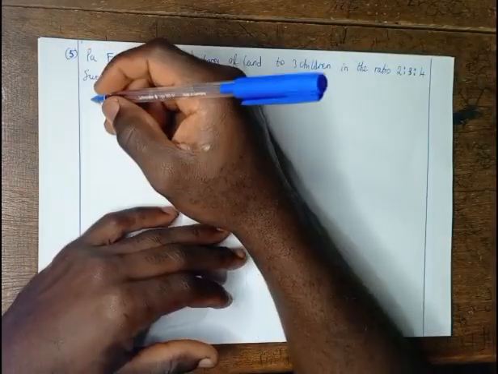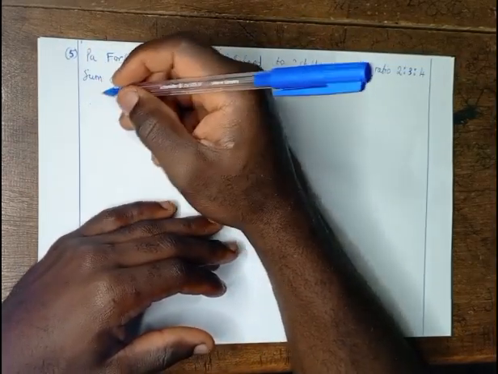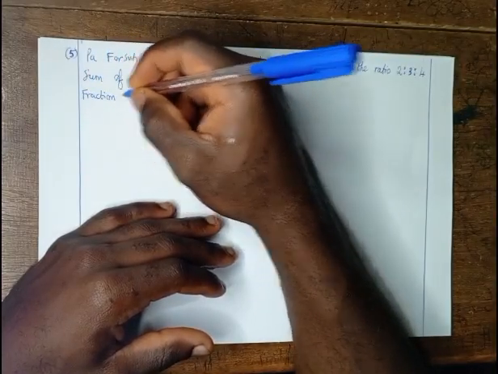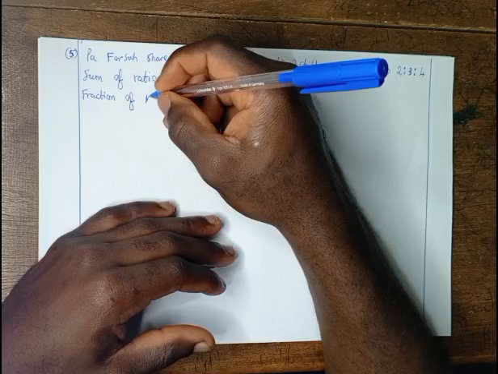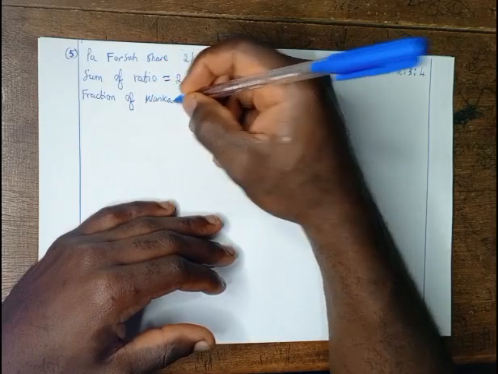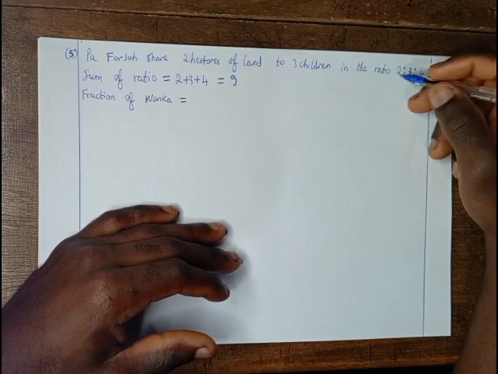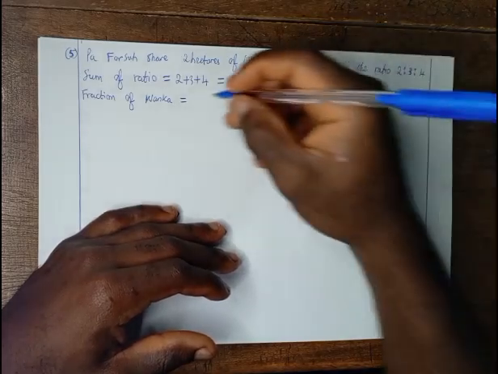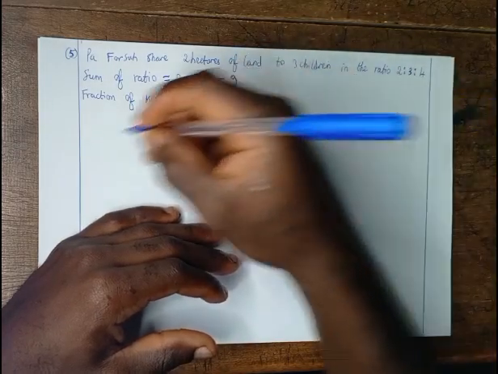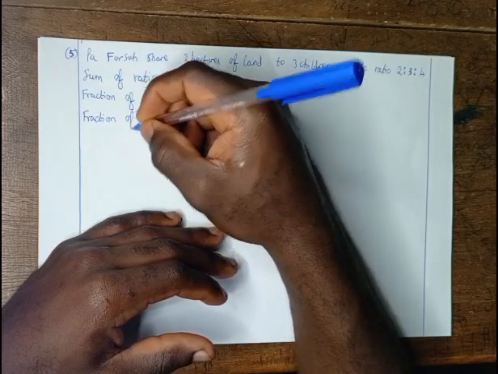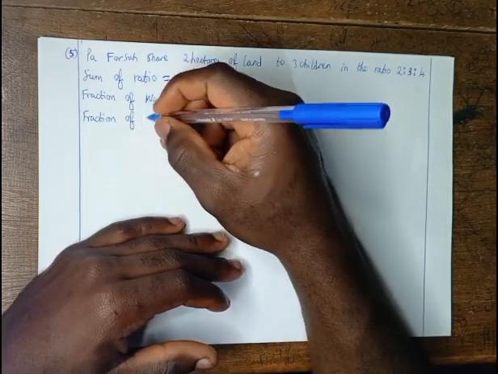Next thing, we have to write down the fraction of each child. We start with the fraction of Wanka. Fraction of Wanka will simply be, out of the 9 things, Wanka will receive just 2. 2 over 9. We need the fraction of Foche.